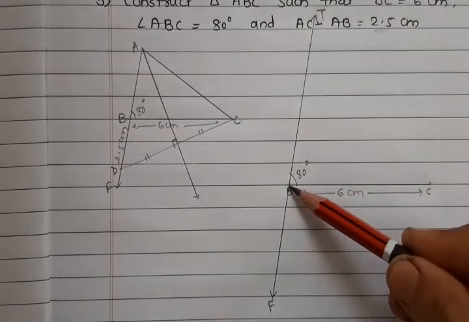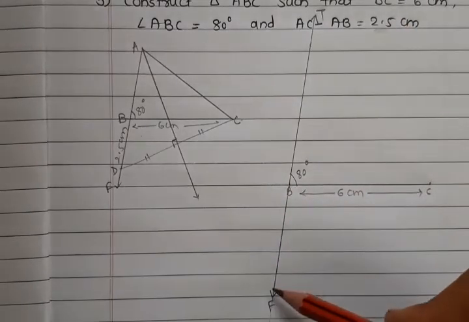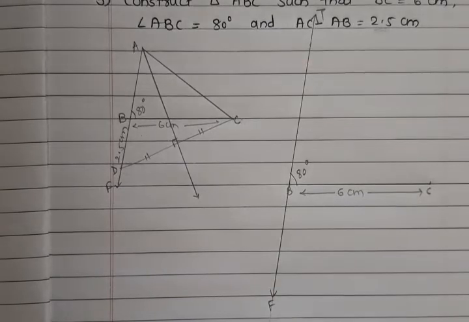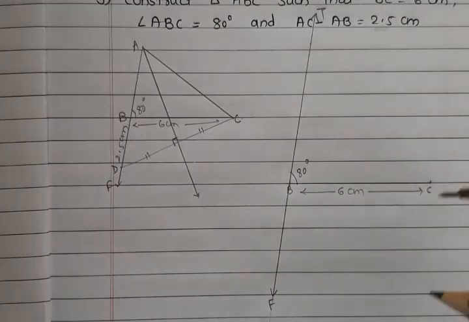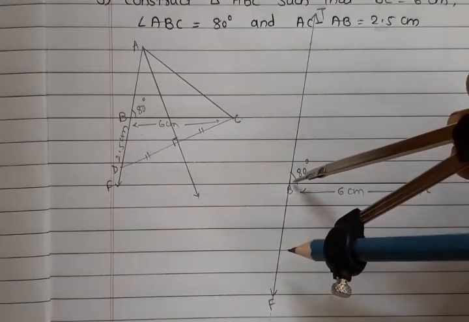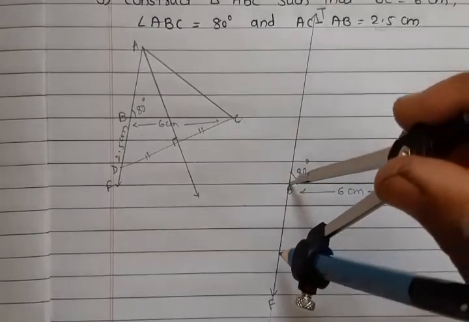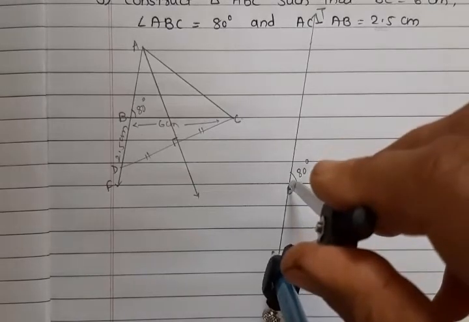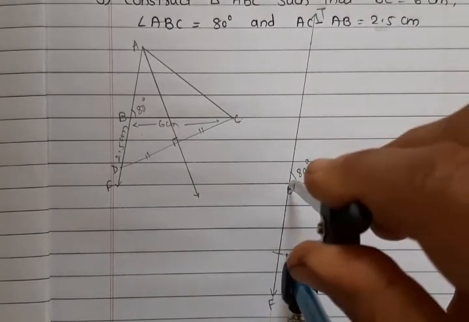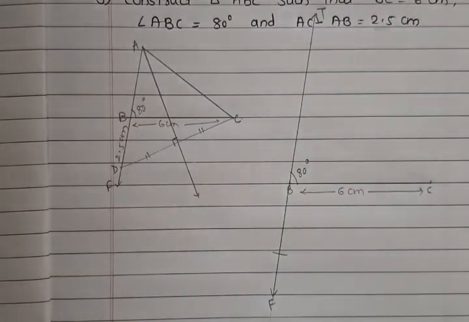After taking 2.5 cm distance in the compass, keep the tip of the compass at point B and draw an arc on ray BF. For that point give the name D.